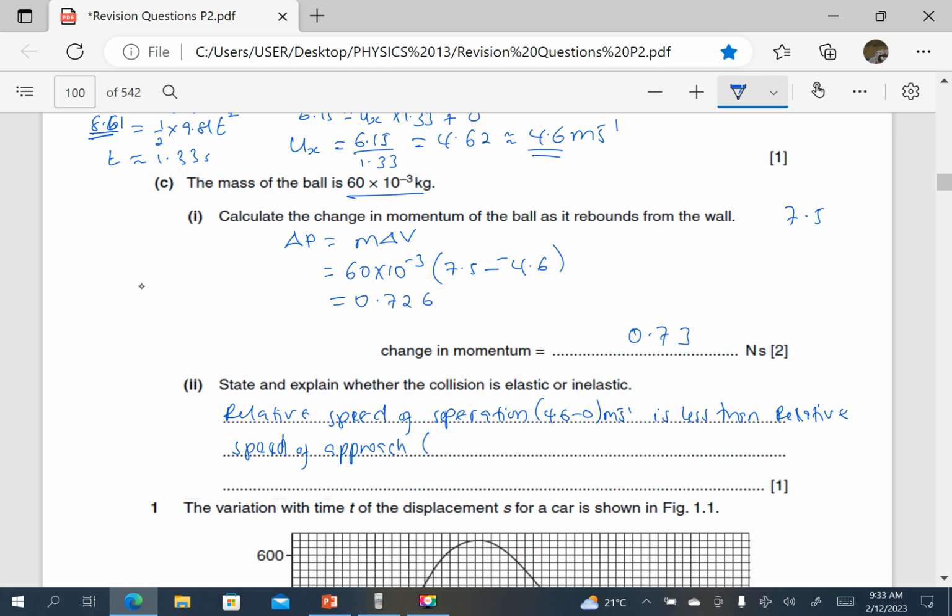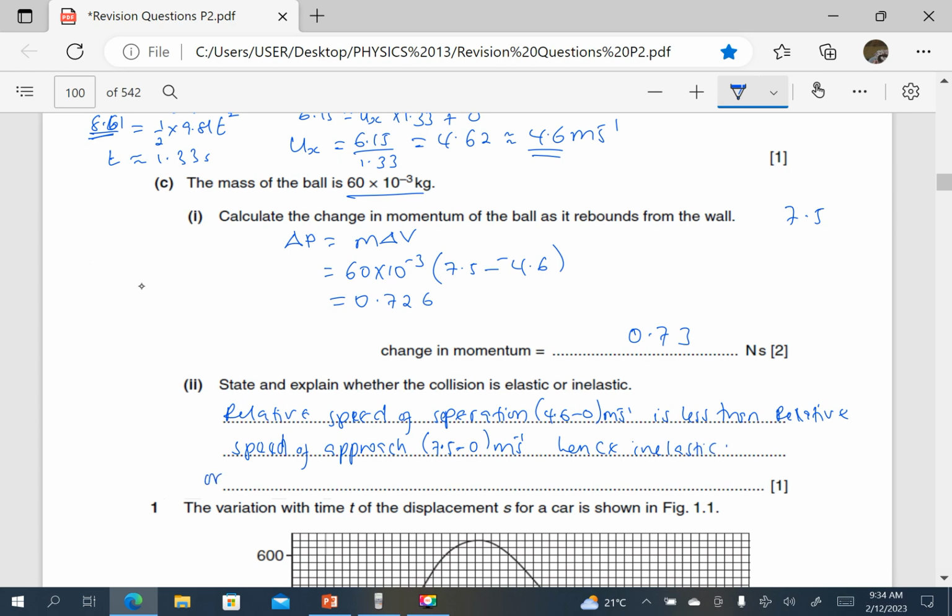And this is 7.5 minus 0. 0 is for the wall, 7.5 is for the ball. So 7.5 minus 0 meters per second. Hence, the collision is inelastic.